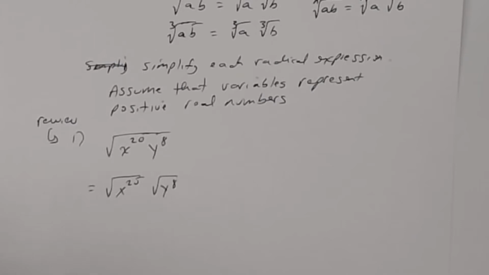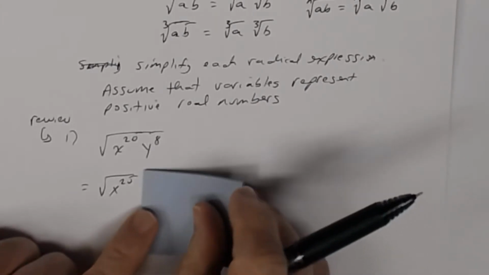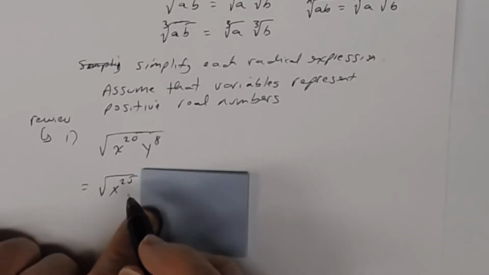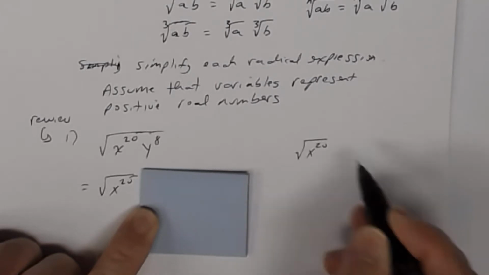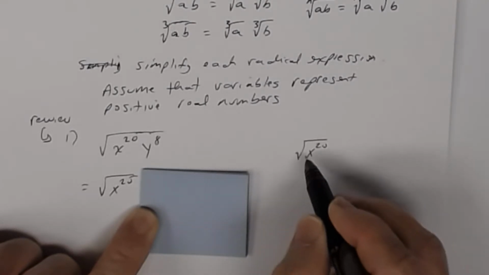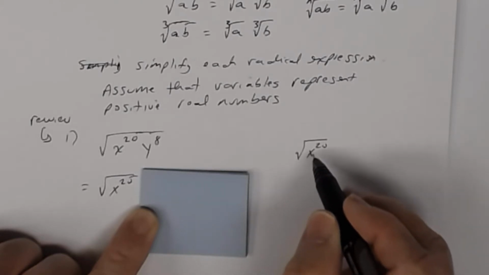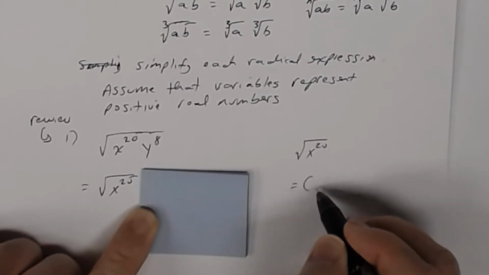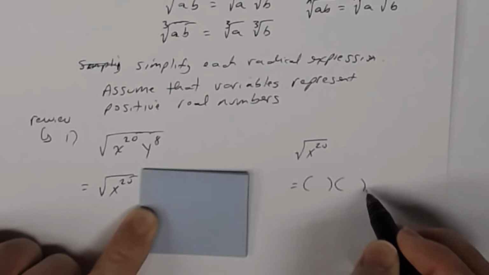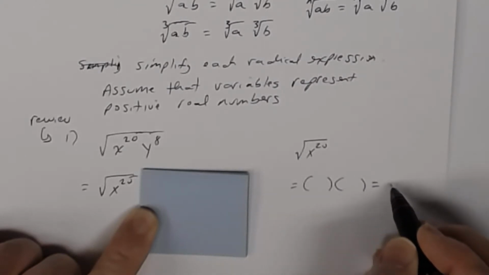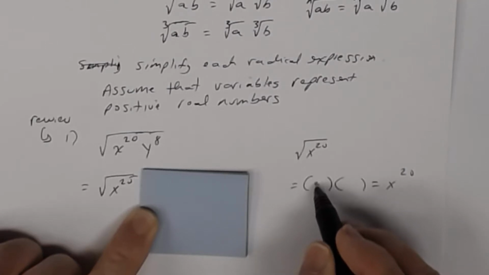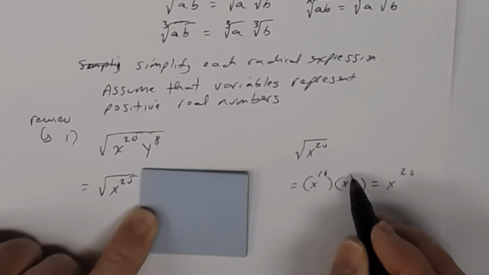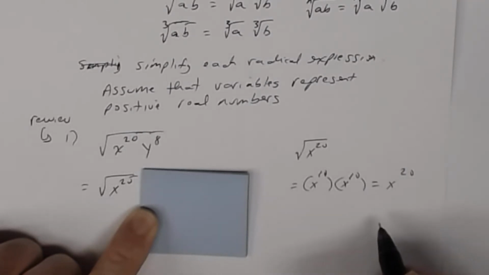In a previous lesson, we saw that the square root of x to the 20th means: what expression times itself is the radicand, x to the 20th? That's just x to the 10th, because x to the 10th times x to the 10th is x to the 20th.